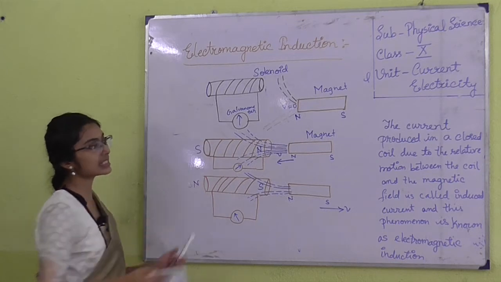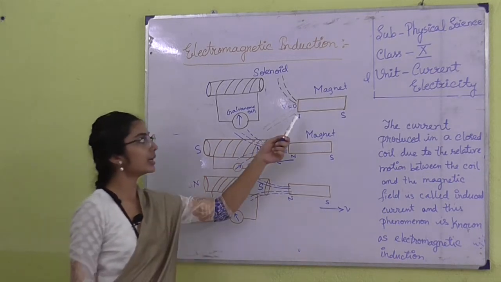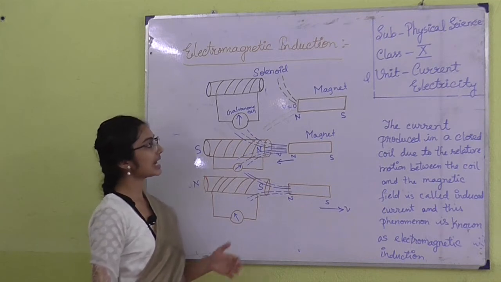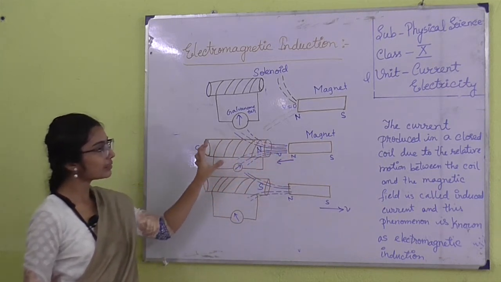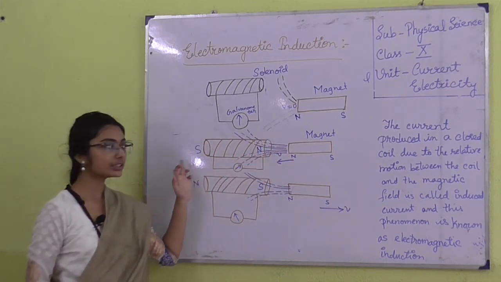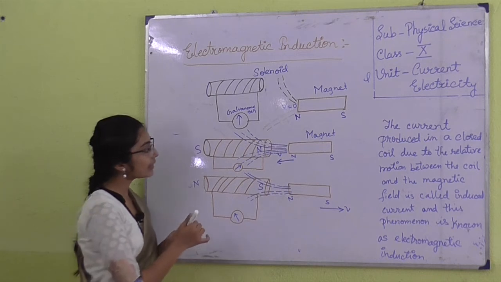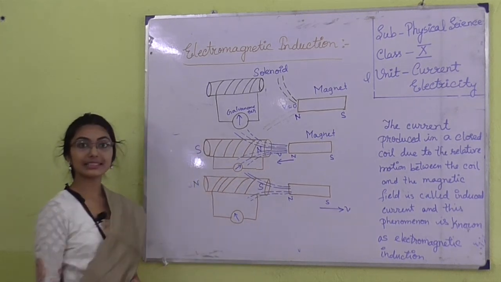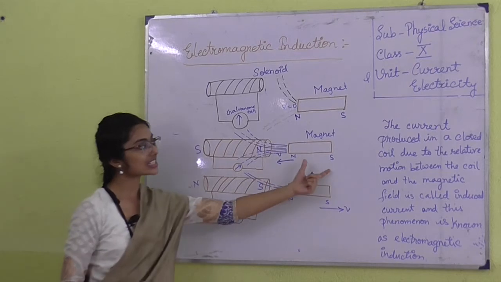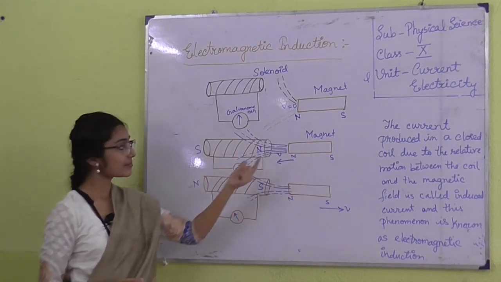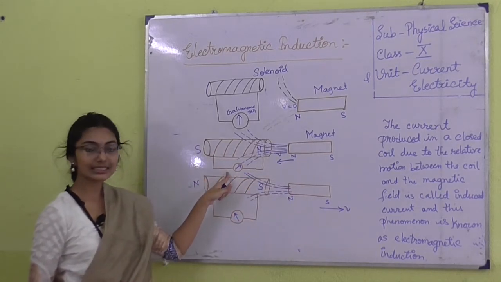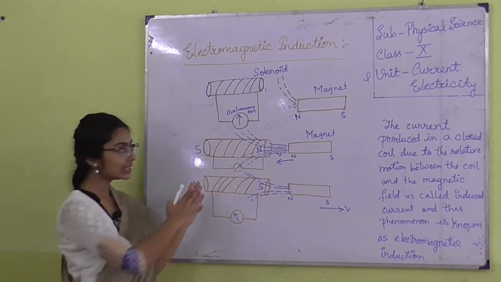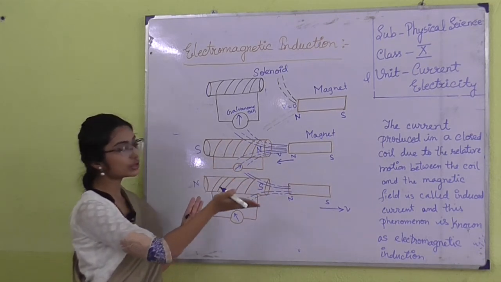If the magnet is powerful, obviously more magnetic field lines pass into the solenoid. At first there was no current in the electrical circuit. When the magnet starts moving towards the solenoid, current is produced, and that is why the needle of the galvanometer moves to the right side.